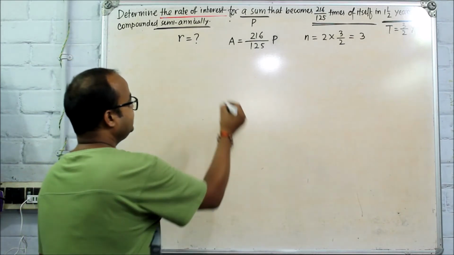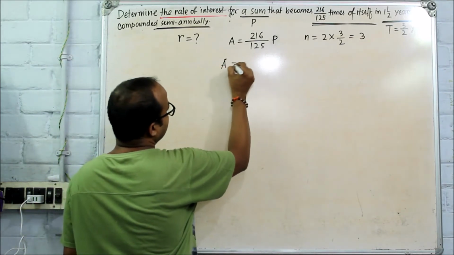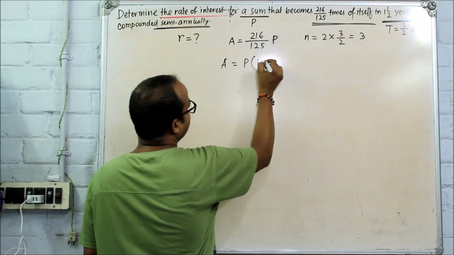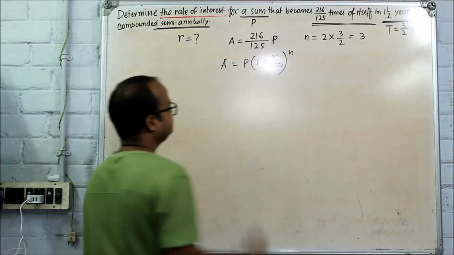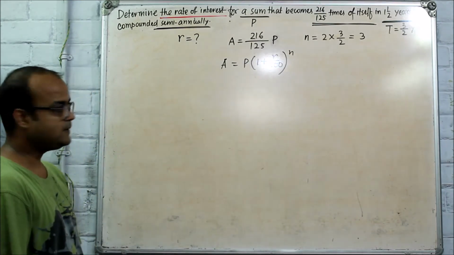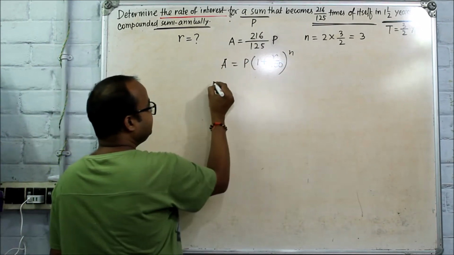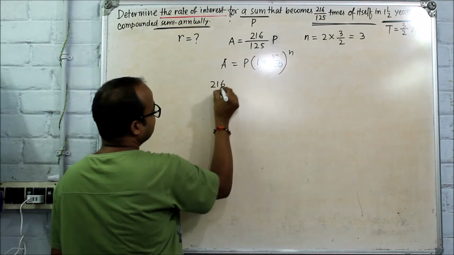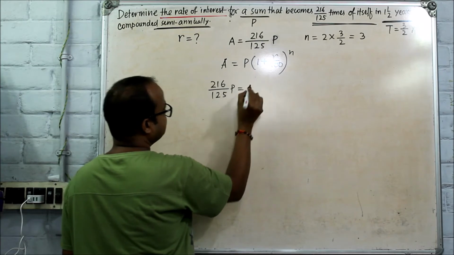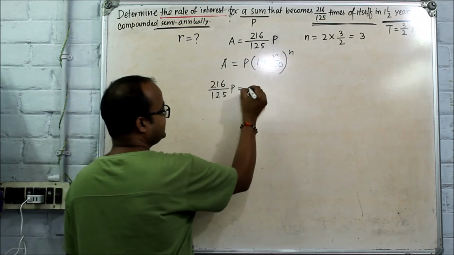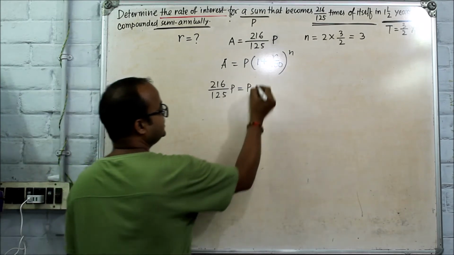So now we apply the formula. A is equal to P into 1 plus R by 100 to the power n. This is the formula. Now in place of A we write 216 by 125 P. We consider P as a principal, so let it be like this.